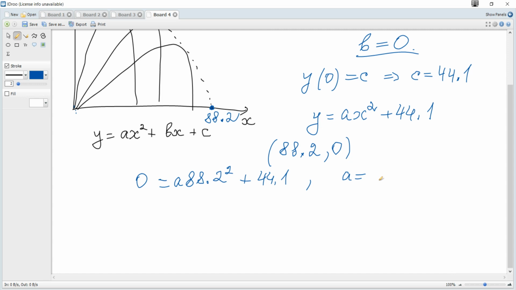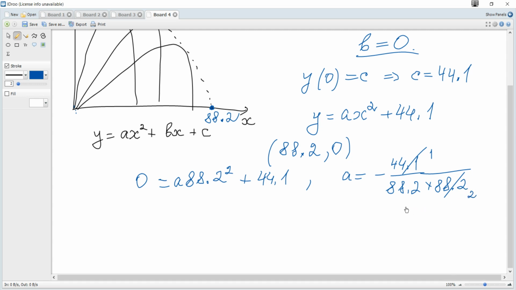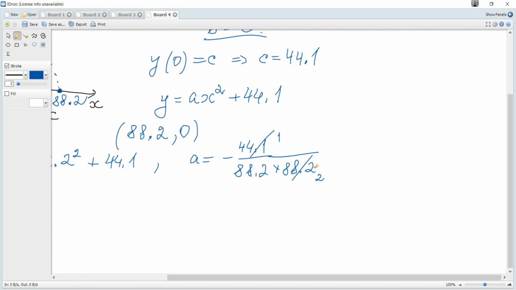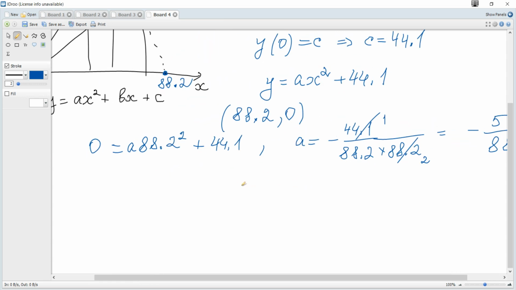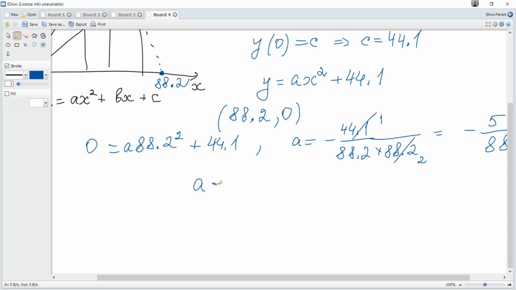Hence a becomes negative 44.1 divided by 88.2 squared, and you can notice that we can reduce, and if we multiply by 5 to get integers, it becomes negative 5 divided by just 882, or you may write as a decimal. So a is negative 5 over 882.